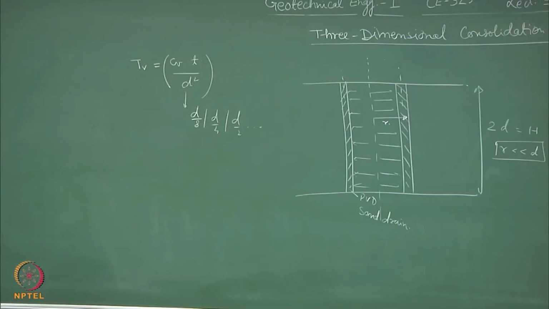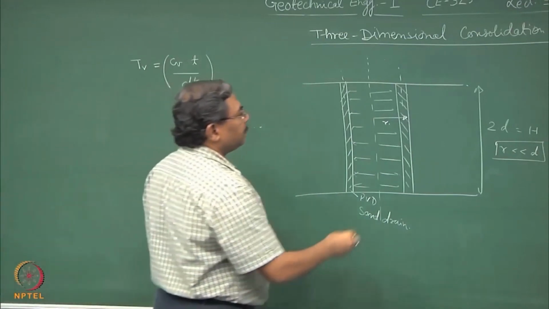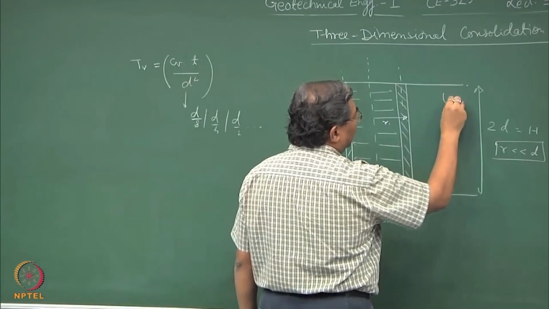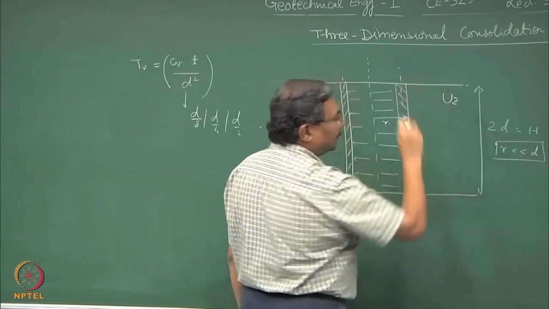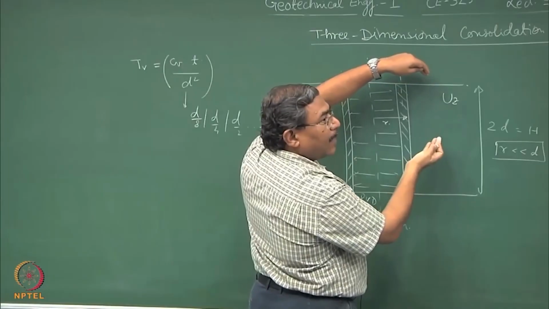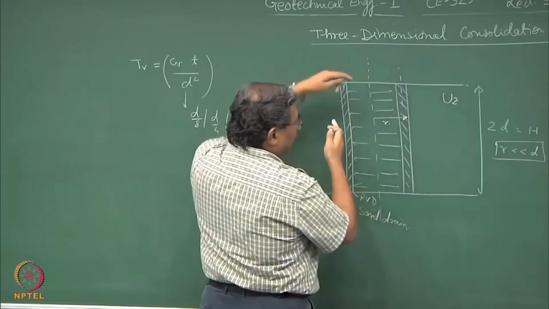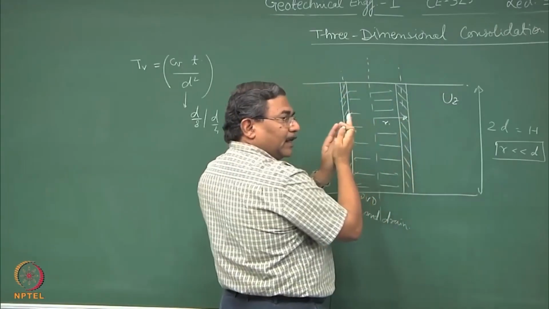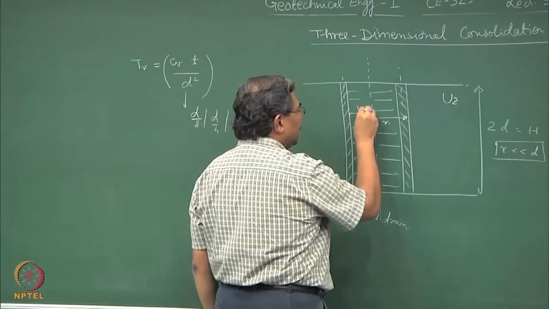But what we have done in the meantime is, earlier we were talking about UZ, the consolidation which is taking place in the vertical direction. Now, there is another component of the consolidation which is taking place in the radial direction. So, this is UR.